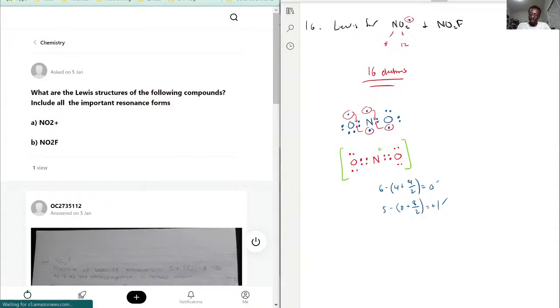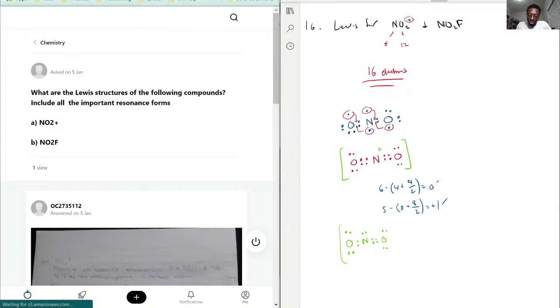For example, if I moved one of the double bonds and made it into a single bond, so that there was just 1 bond between the oxygen and nitrogen, although this could be a resonance form, it doesn't really work because this oxygen here is no longer following the octet rule.